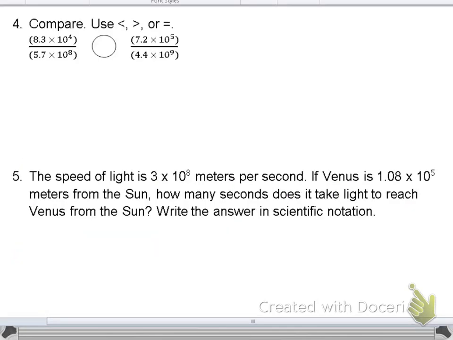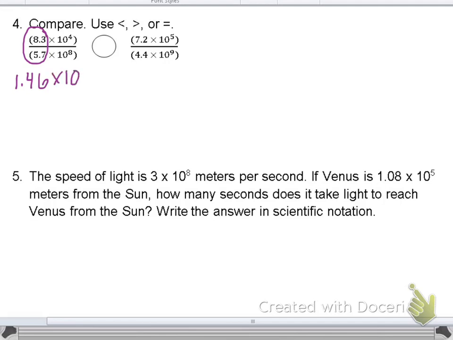The next example, we're dividing again and just comparing two different fractions using scientific notation. So we'll start with the first one. 8.3 divided by 5.7 is 1.46.